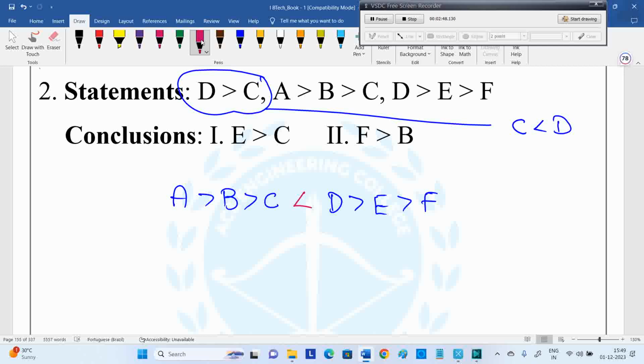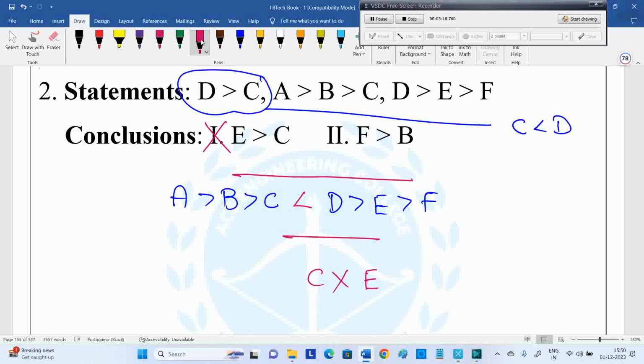Now, the first conclusion is between what variables? E and C or C and E. Between C and E, is there any common symbol? No, there is no definite relation between C and E, eliminated. Next, between B and F, the entire path. Don't say greater in the first one, last one greater. No. Entire path, is there any common symbol?